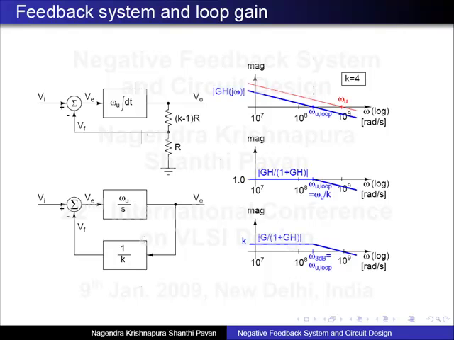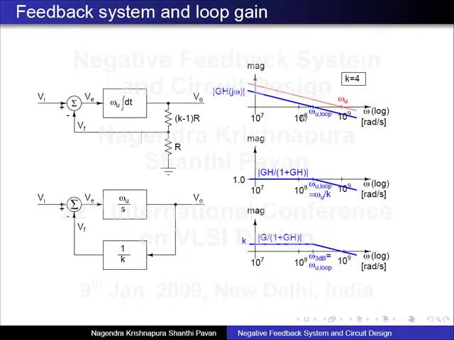So I have shown it graphically here. The red line is the transfer function magnitude, the gain magnitude of just the op amp. It has some omega u. Now the blue line is the magnitude of the loop gain, which is omega u by ks. So simply the magnitude shifts down by the gain k of 4.